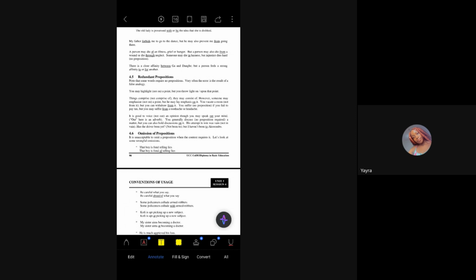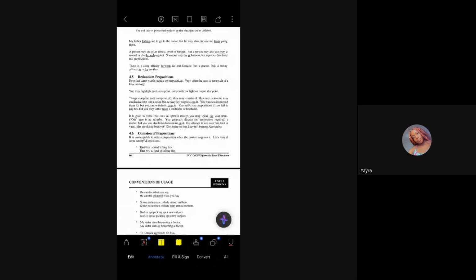So highlight does not take any preposition. Comprise does not take the preposition of; it's comprised of. So you shouldn't bring the of. You emphasize a point, not emphasize on. But you pay emphasis on it, or you lay emphasis on it. So these are some of the redundant words that do not require prepositions.